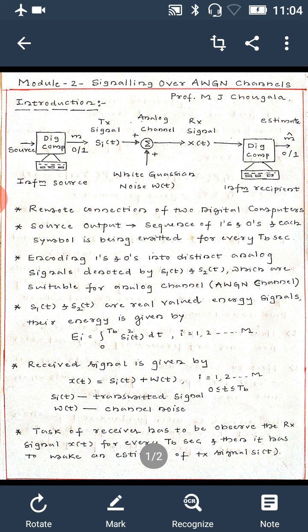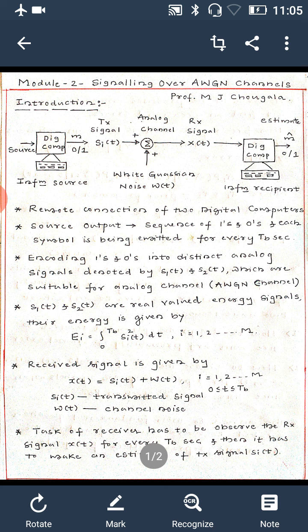The information source emits digital data consisting of a sequence of binary zeros and ones, and this sequence is digitally encoded into signals, namely S1 of t and S2 of t, where S1 of t corresponds to the digitally encoded signal for binary symbol 0 and S2 of t corresponds to the digitally encoded signal for symbol 1.